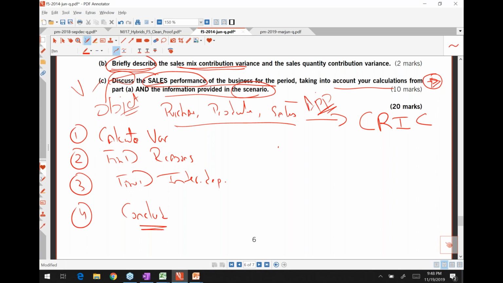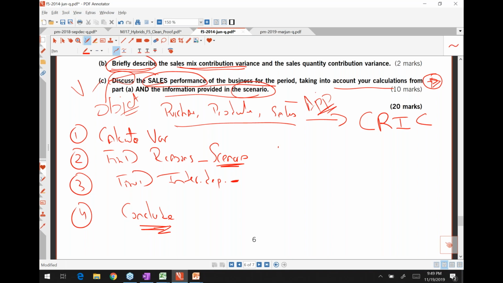Whenever you are required to assess the performance of any manager, use CRIC. Calculate variance, find the reasons, and this should be scenario based. Find interdependence if any, and conclude.